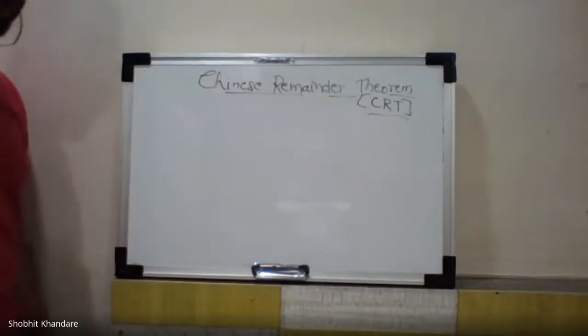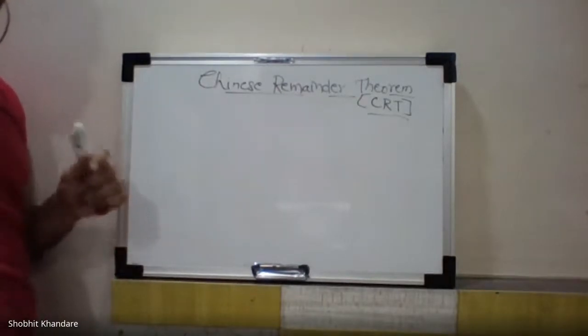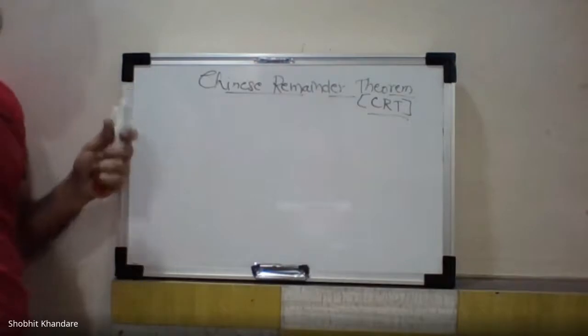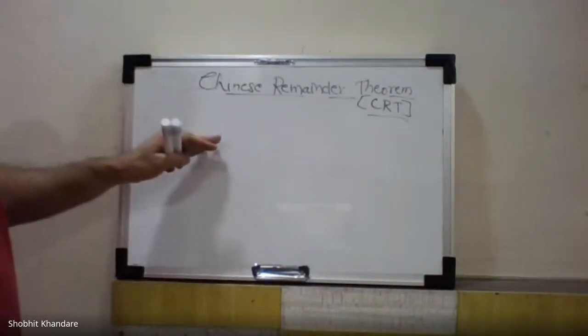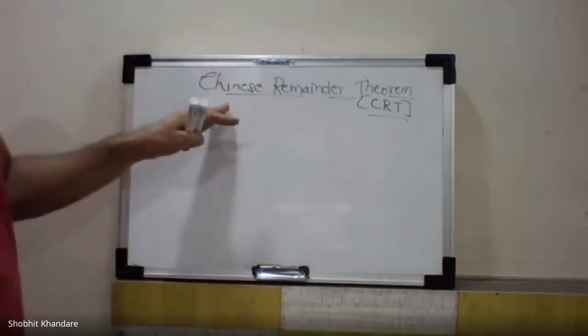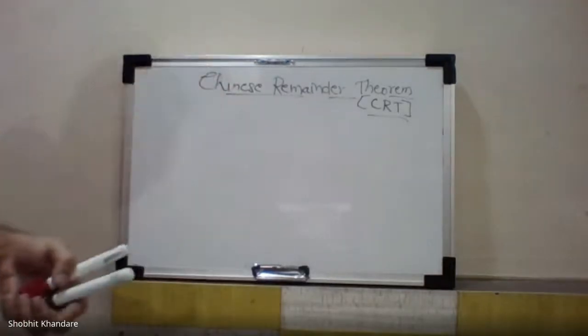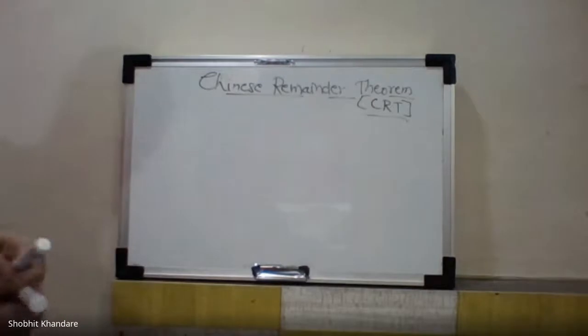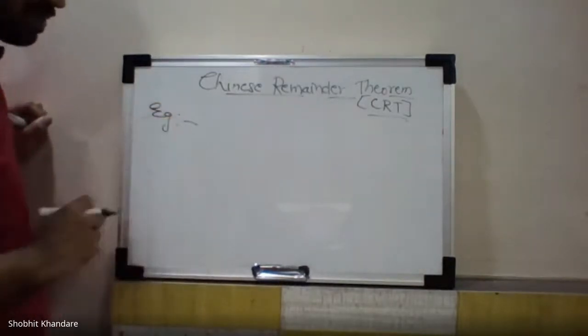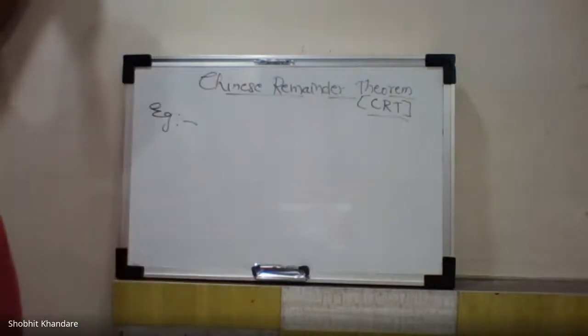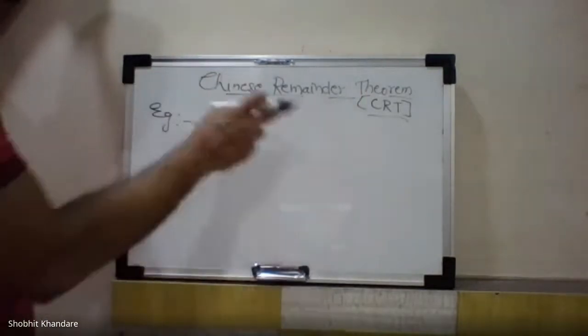We'll see the example first, then we'll try to understand what the Chinese remainder theorem is, and how you get the solution using CRT.